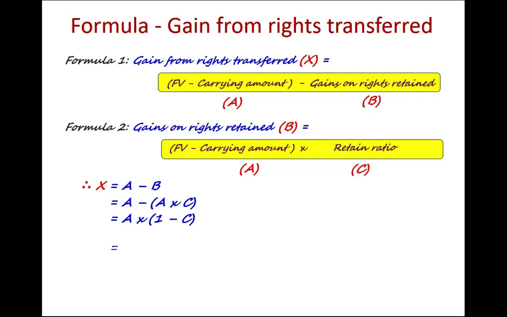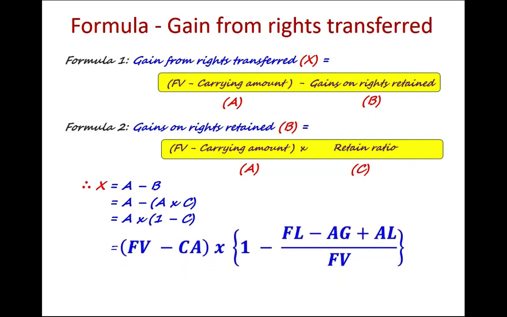Basically what that means is at the end it should be fair value minus the book value, which is A, multiplied by 1 minus the retained ratio, financial liability minus artificial gain or plus artificial loss, AL, divided by fair value. Okay, so this is the formula.